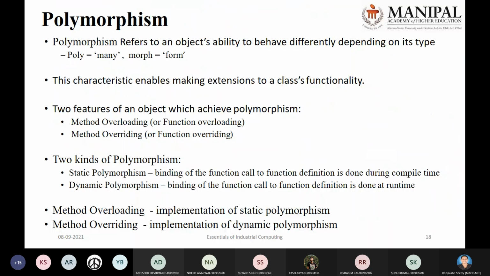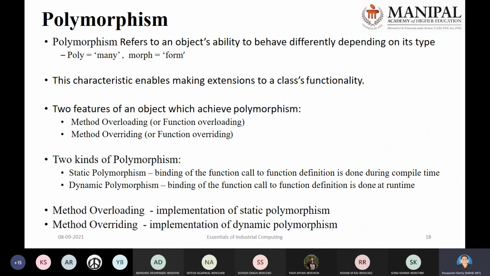There is another important feature of object-oriented concepts that is called polymorphism. Polymorphism is a feature which helps to extend the functionality of an object, or the class functionality. The meaning of polymorphism is: poly means many, morph means form.